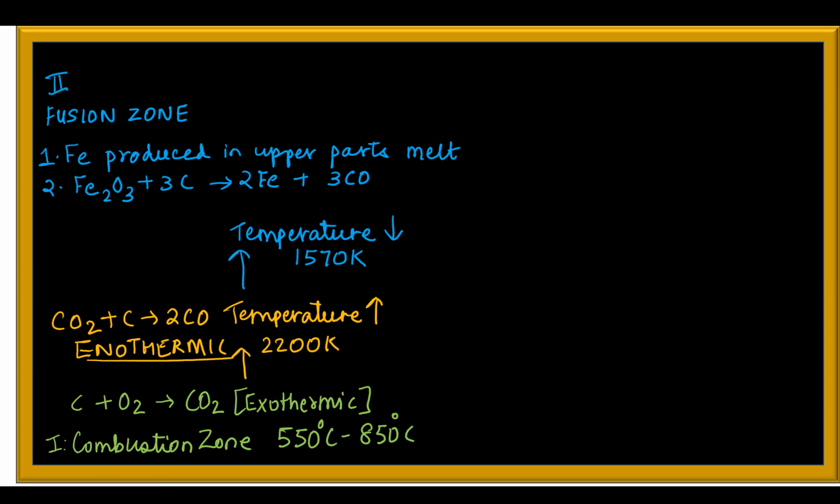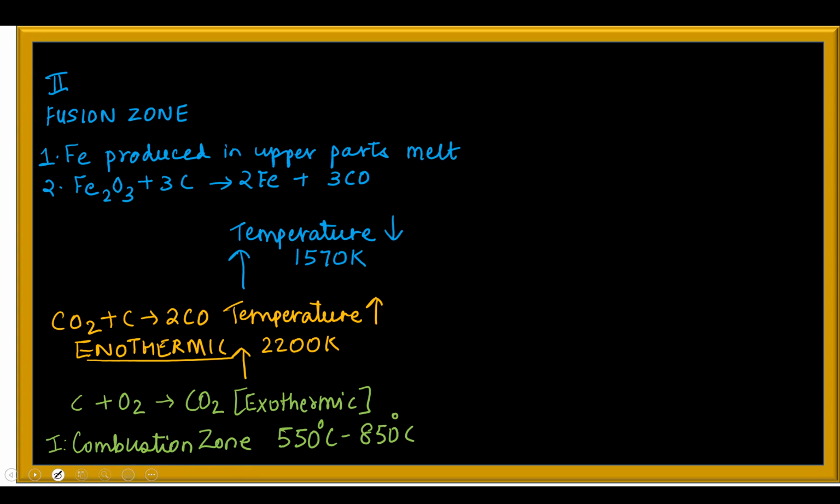Okay, and then just observe the temperature from 550 to 850. It has gone up to 2200 Kelvin. Then from there it has dropped to 1570 Kelvin, and from there you have these kind of reactions happening at 1570 Kelvin. Now what happens further?